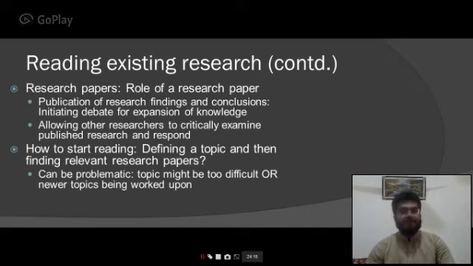Now if you look at the first possibility, defining a very focused and specific topic can be difficult and daunting for a novice researcher for two reasons. Because if he does not have substantial knowledge of the topic and expertise in research, he might find the topic too difficult to deal with and justify.